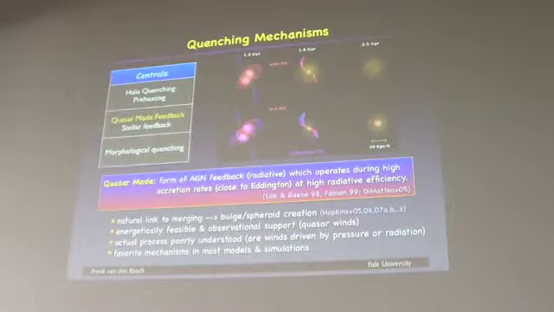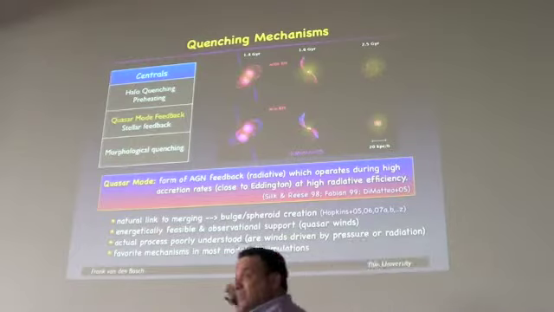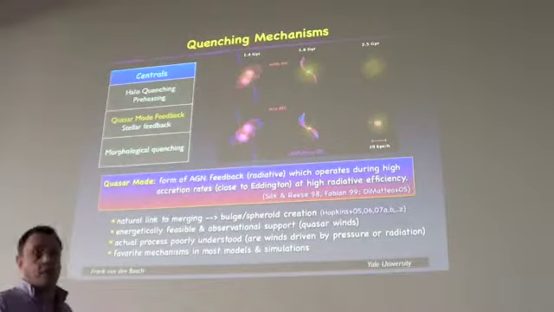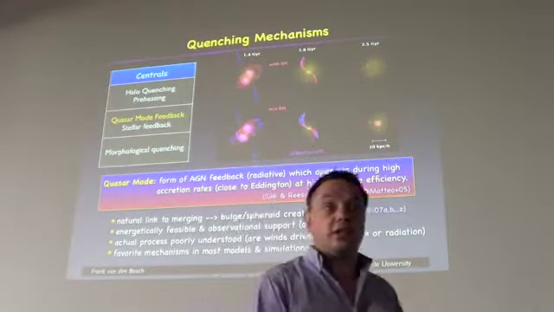It's energetically feasible, there's no doubt about that, and there's observational support. We see winds coming out of quasars, high velocity winds. It's unclear how much mass is loaded onto those winds, but we see a lot of that going on. The actual process, however, I would argue, is still very poorly understood, at least by me.